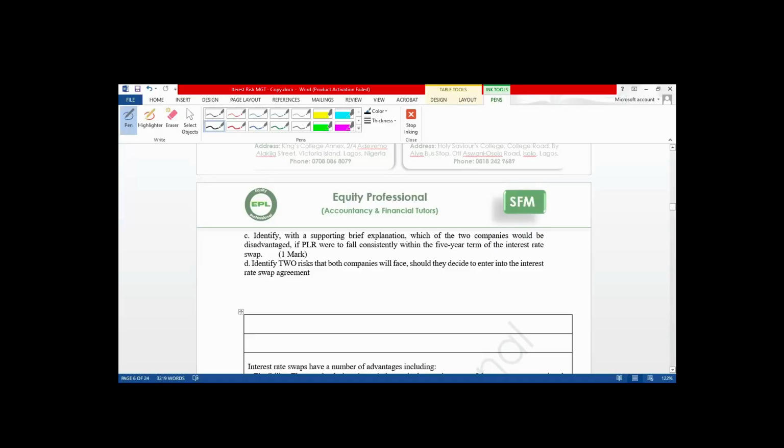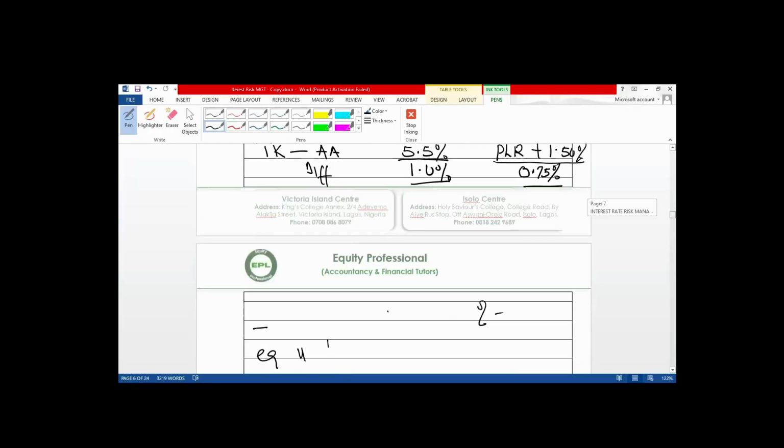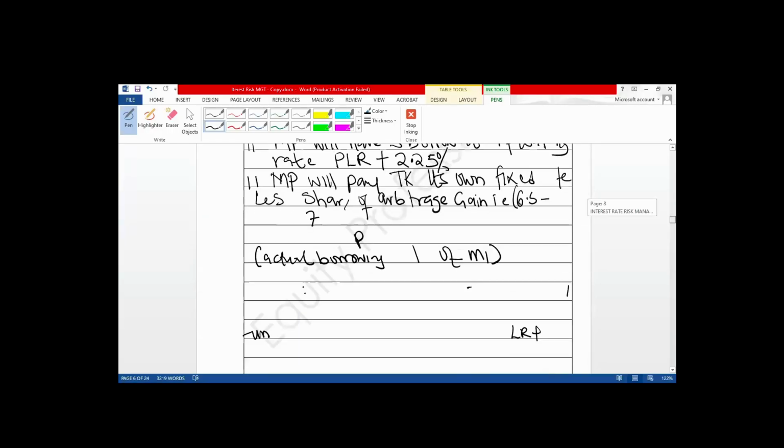This question is for the class. Which of the two companies will be at disadvantage if the prime lending rate falls consistently?